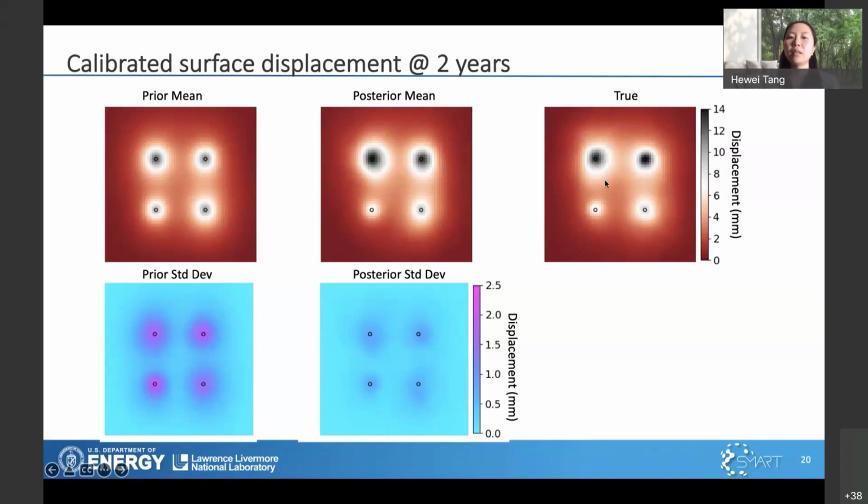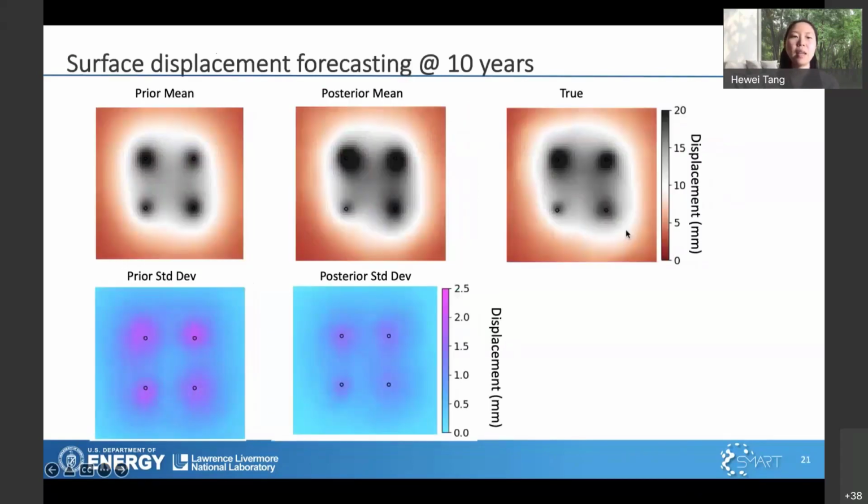They match the truth well, since it's being used for the calibration. Then we forecast the displacement prediction at 10 years. And we can see similarly, we have good prediction results based on our posterior ensemble, with much reduced uncertainty.